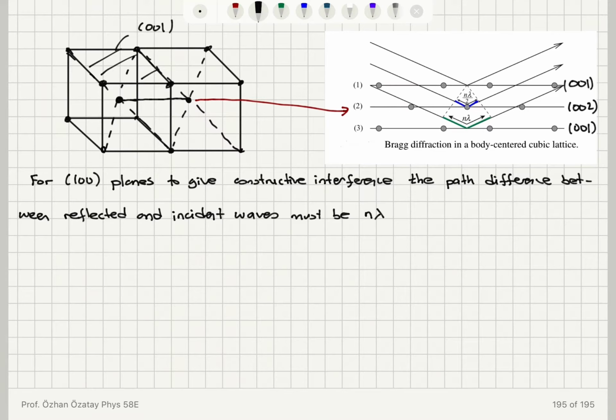And from similar triangles, you can see that the plane number 2, that's the body center, gives a path difference of n lambda over 2.